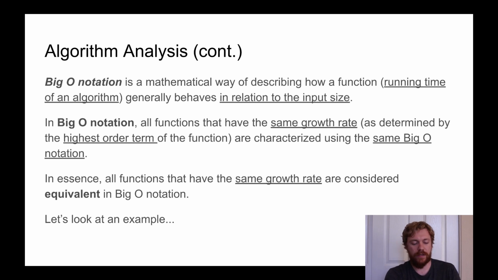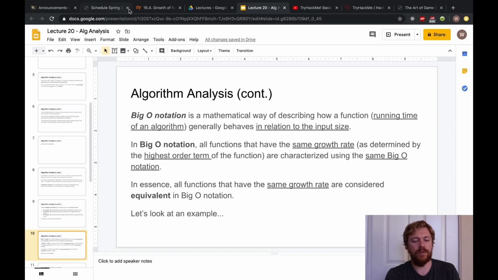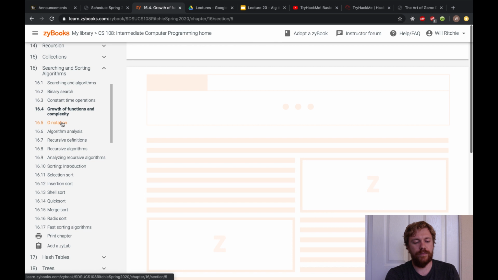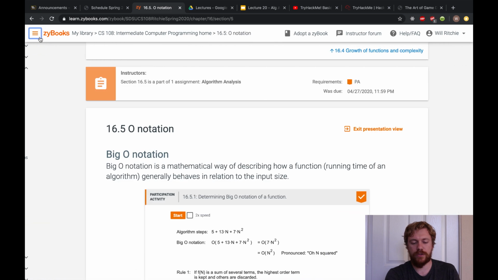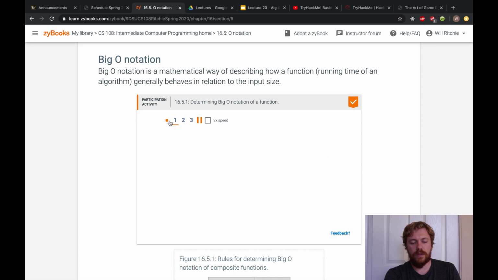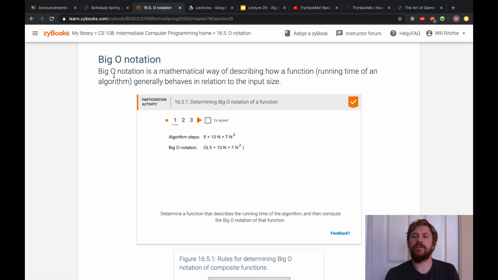So we'll go ahead and take a look at an example. Go back to Zybooks. Looking at the big O notation tab. So here we're determining, given some algorithm, find the big O notation.